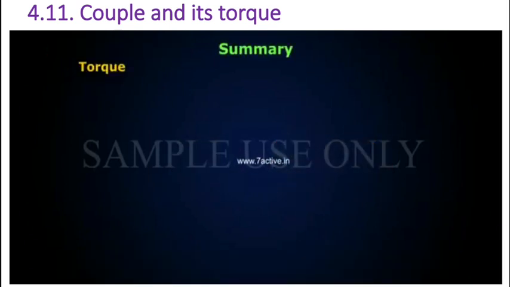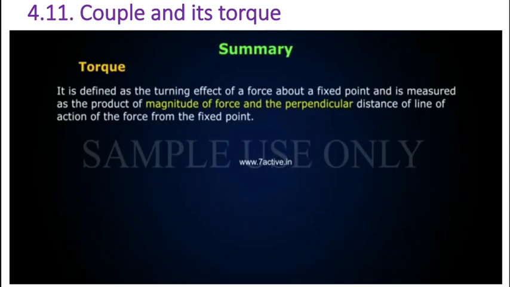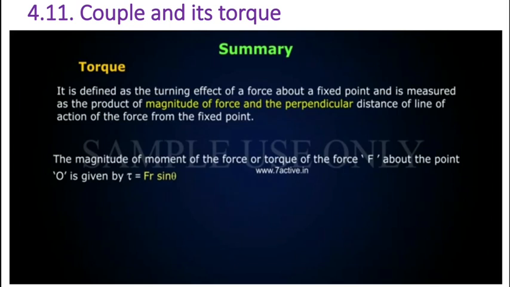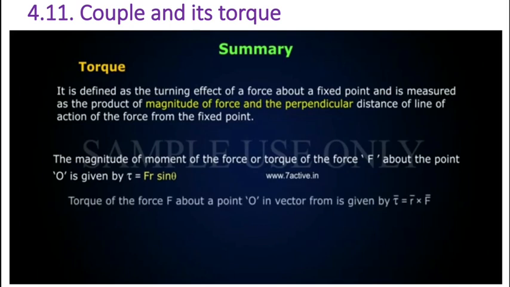Summary. Torque is defined as the turning effect of a force about a fixed point and is measured as the product of the magnitude of force and the perpendicular distance of the line of action of the force from the fixed point. The magnitude of moment of the force or torque of the force F about the point O is given by tau equals F r sine theta.